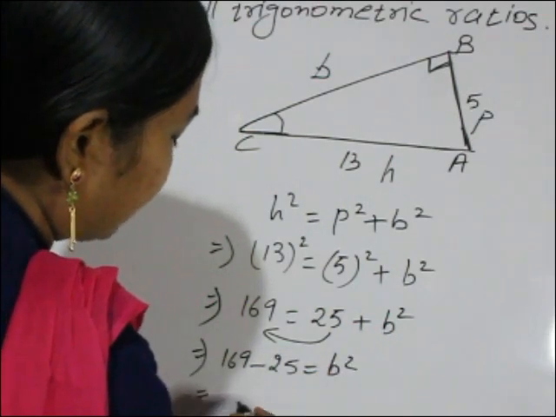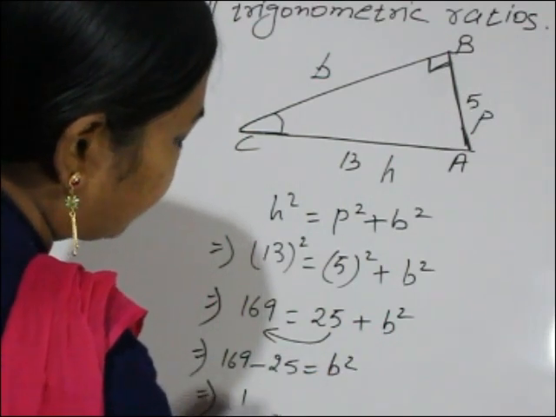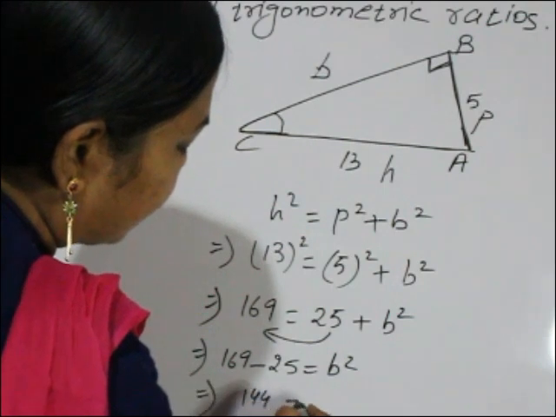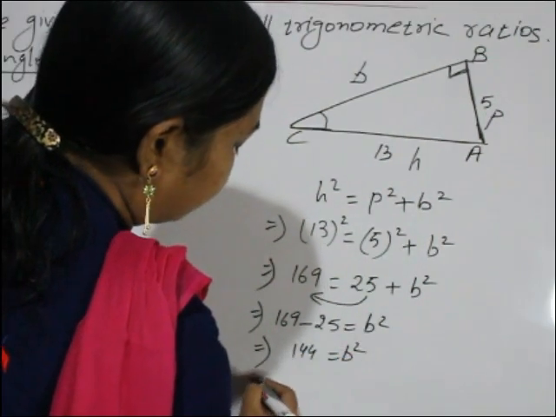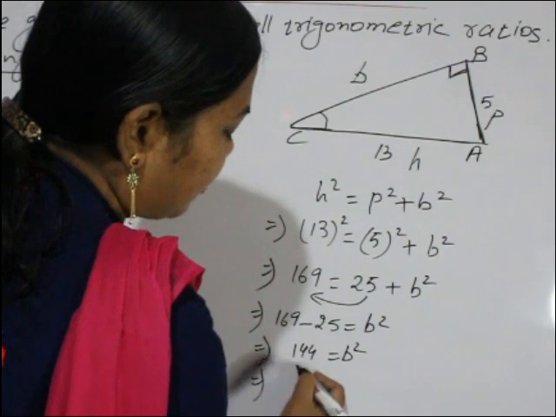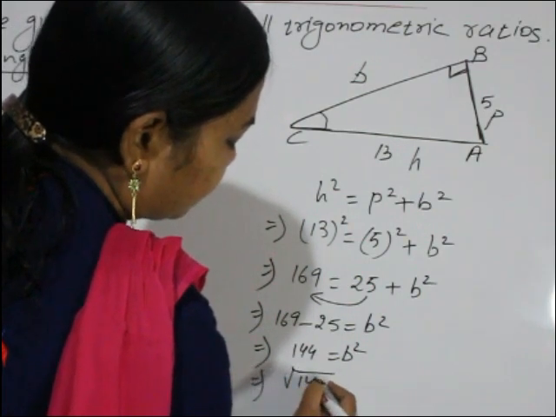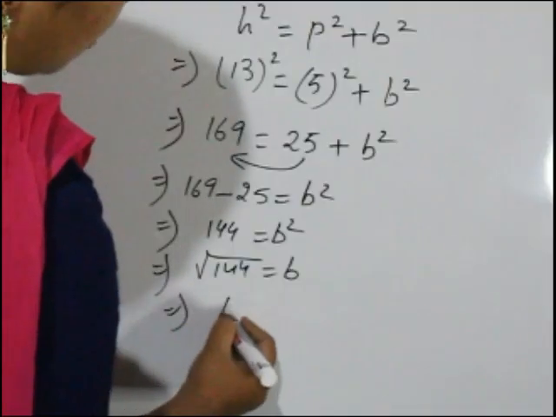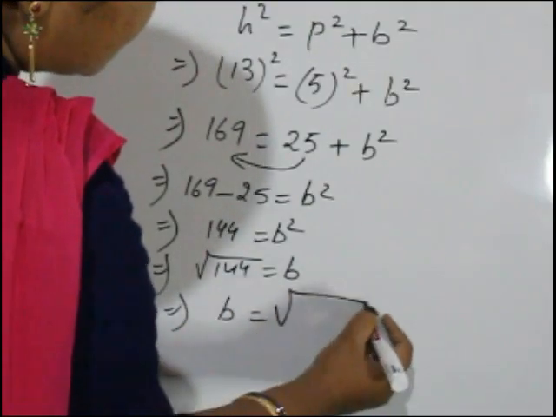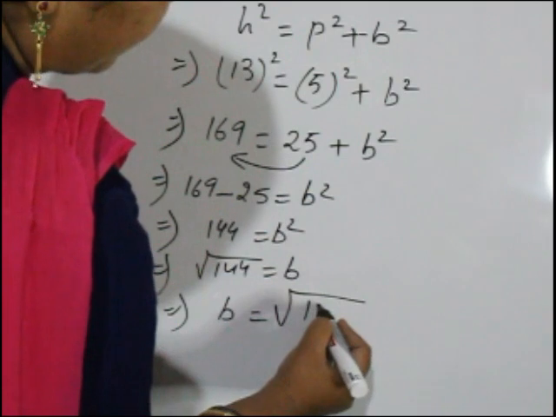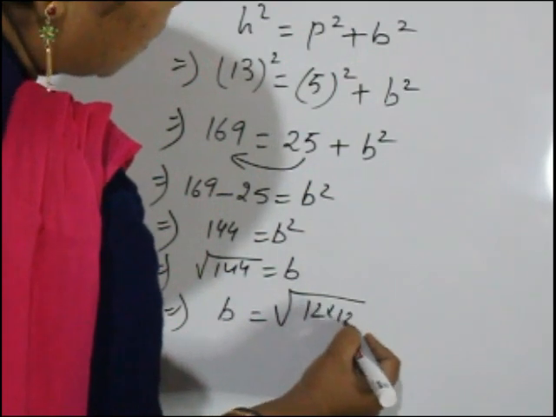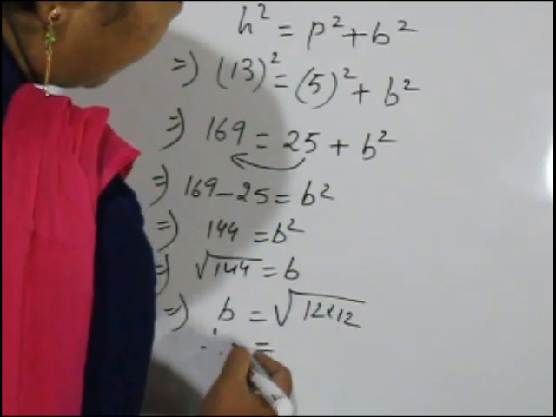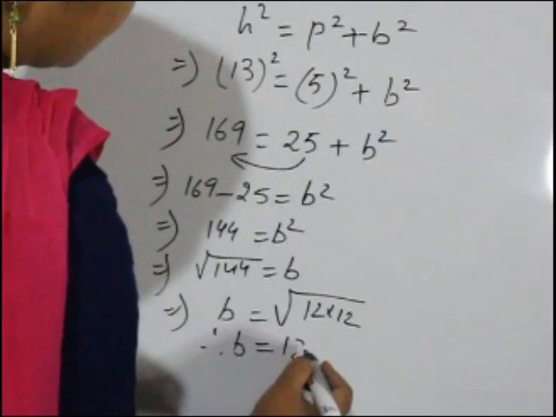So 169 minus 25 is 144, equal to B square. When we remove the square, we have to take the square root. So the square root of 144 is 12 into 12. Therefore, B is equal to 12.